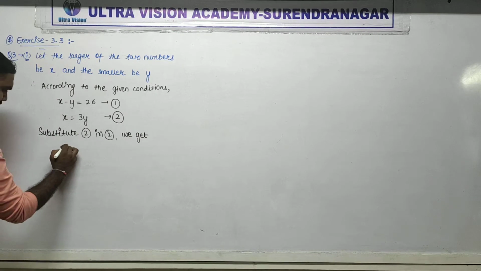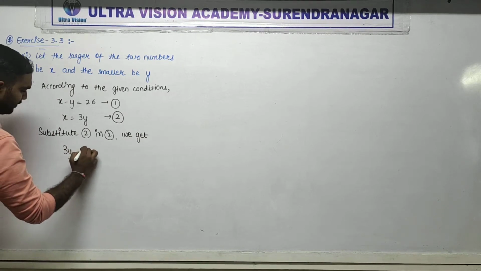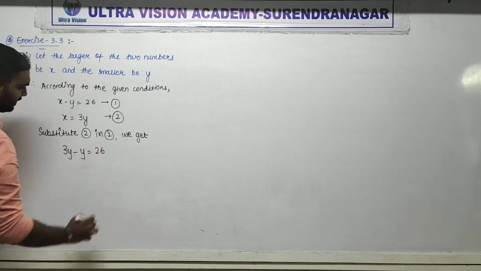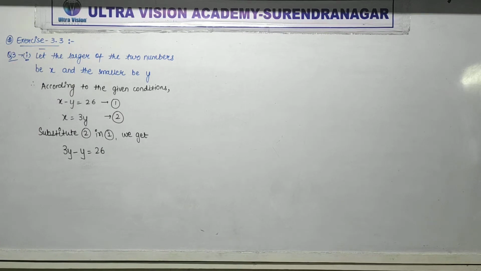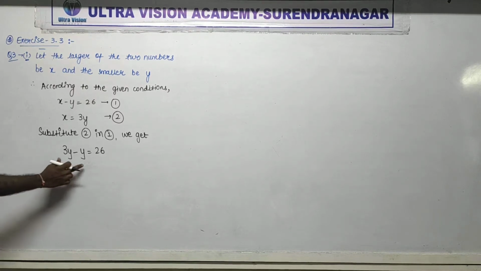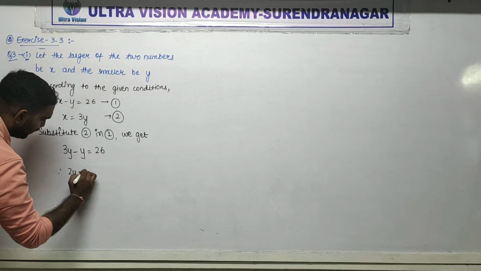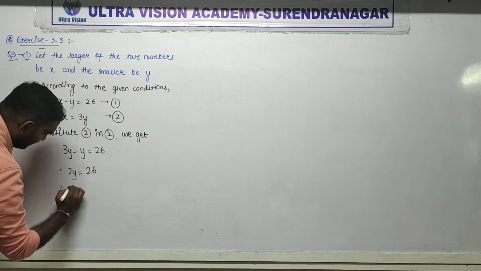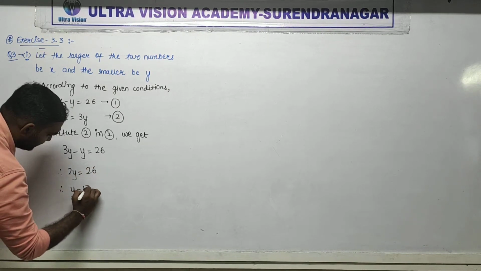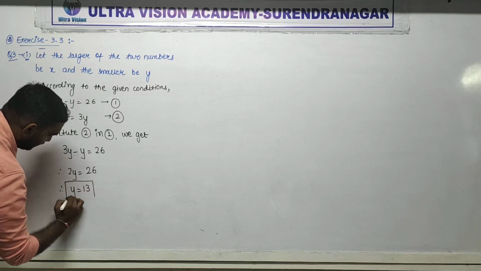We get 3y minus y is equal to 26. What is 3y minus y? 2y. Therefore, 2y is equal to 26, and hence y is equal to 13.